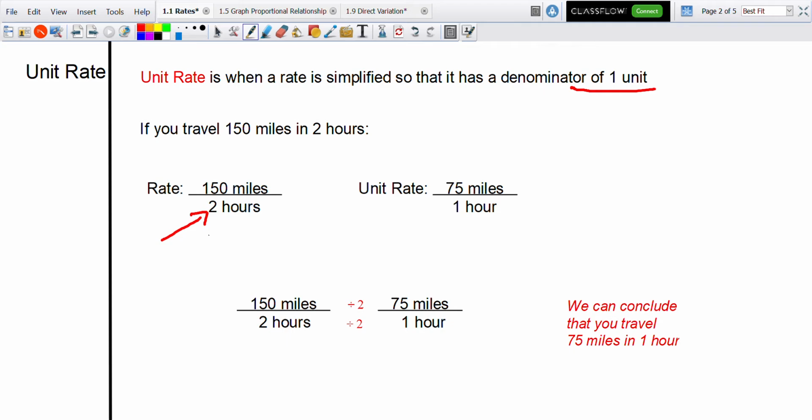But when we divide both top and bottom by 2, and we get hours to become 1 hour on the bottom, we can see that 150 miles divided by 2, the speed you were traveling at was 75 miles per hour, per 1 hour. And that's called a unit rate, when the bottom unit is 1. Okay, so we can conclude that you've traveled 75 miles per 1 hour.